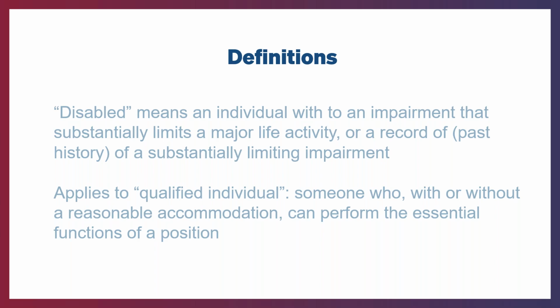You can't consider a record of a past history; that would be discriminatory. So keep in mind that even if the disability is not currently active, it is still considered a disability, and you do have to follow the law in treating that person as an individual with a disability.